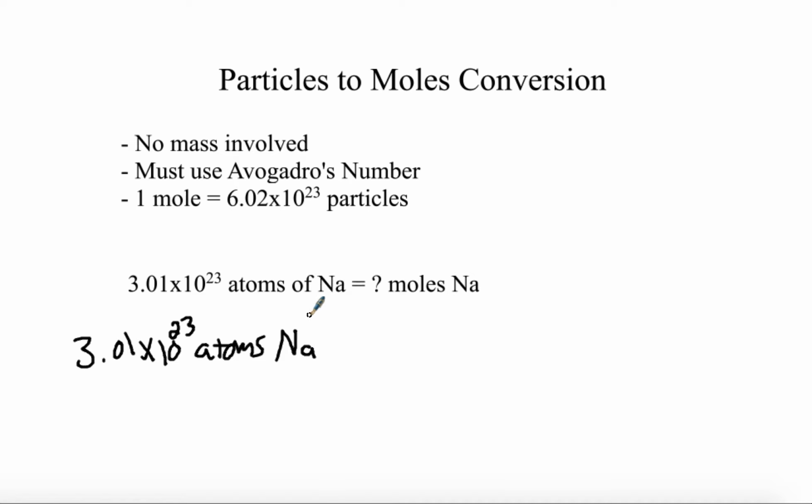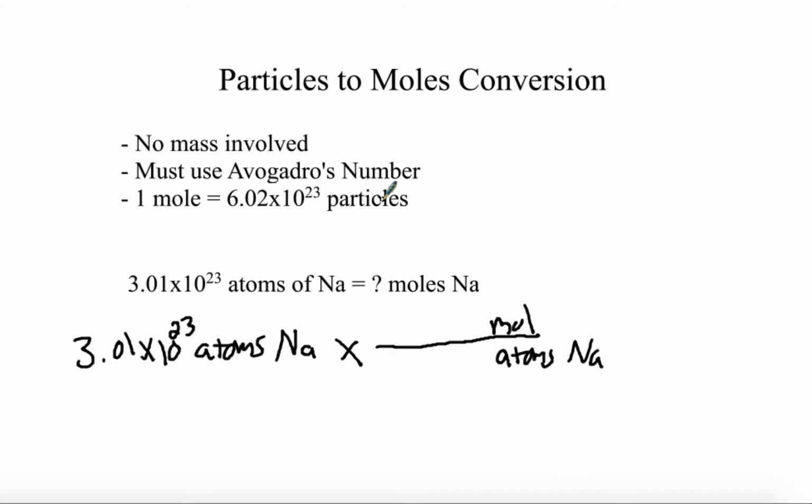This will come in handy later when we get into chemical reactions and stoichiometry. Okay, times, well, we want moles, and we have atoms of sodium. Okay, well, I know that 1 mole is equal to 6.02 times 10 to the 23.